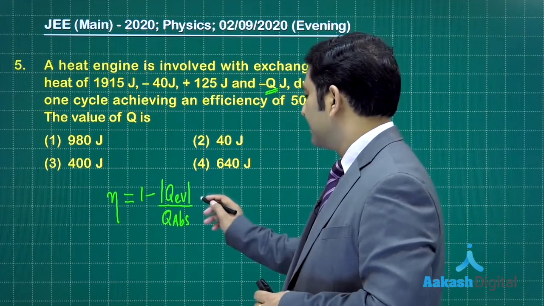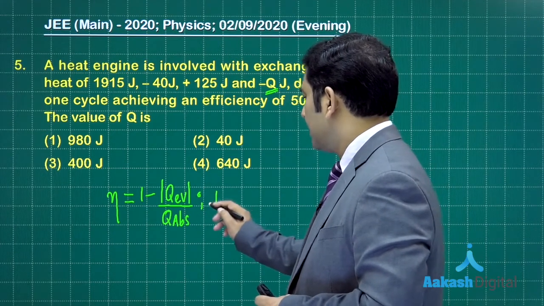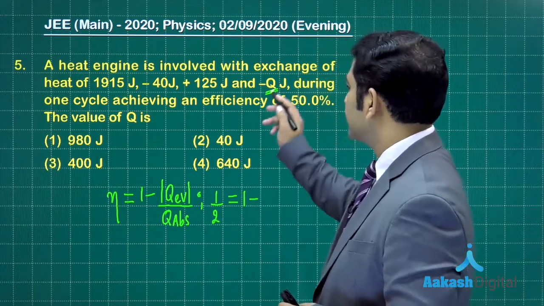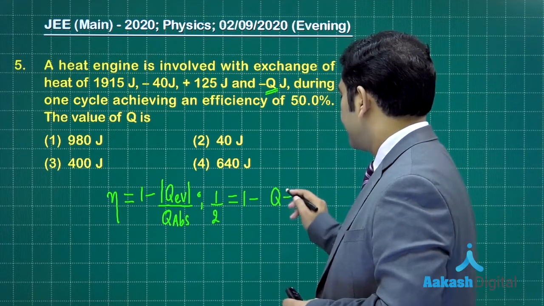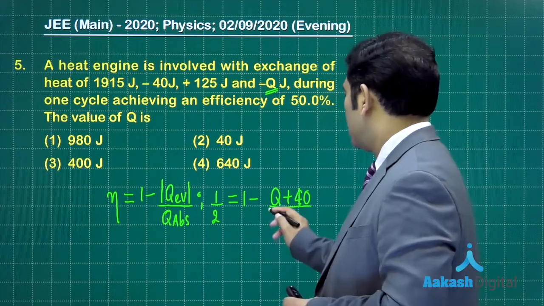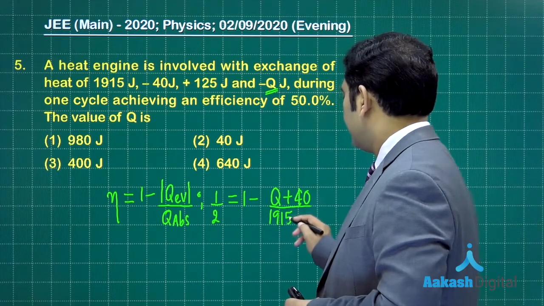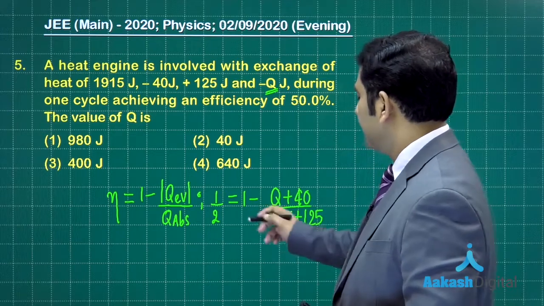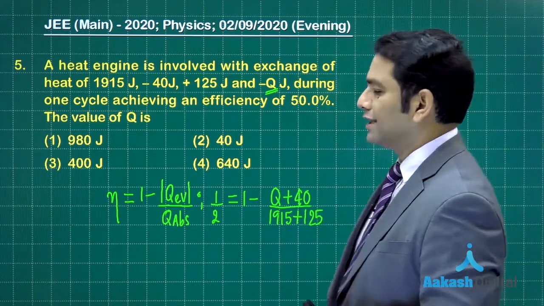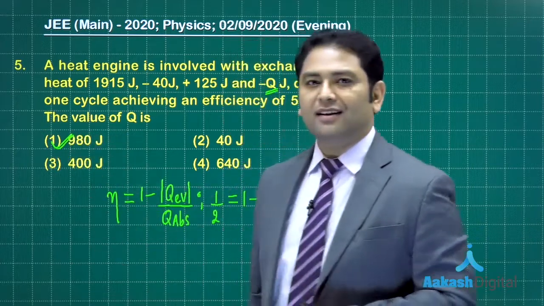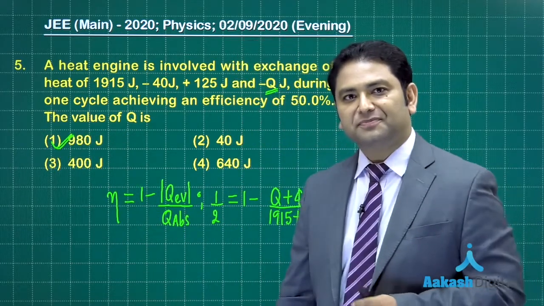And this efficiency, which is half in terms of fraction, is equal to 1 minus, upstairs Q plus 40, and downstairs 1915 plus 125. That's it. And you solve this, you're going to get the magnitude of Q as 980 joule. Option number 1 is the correct one.